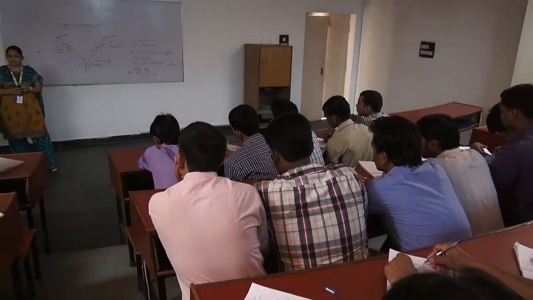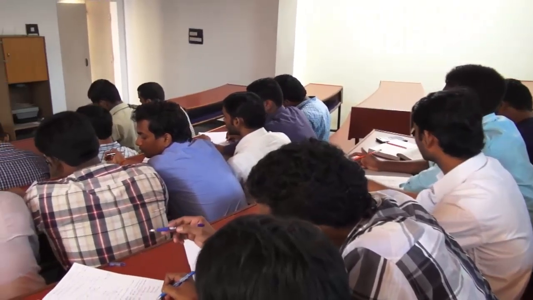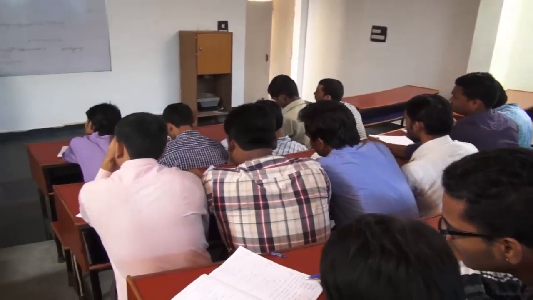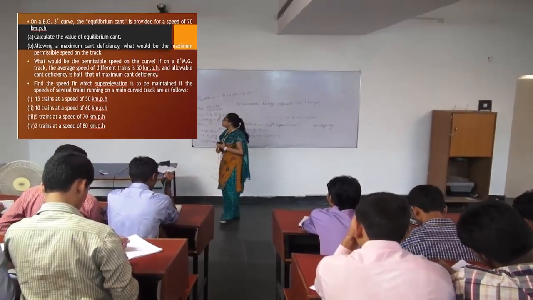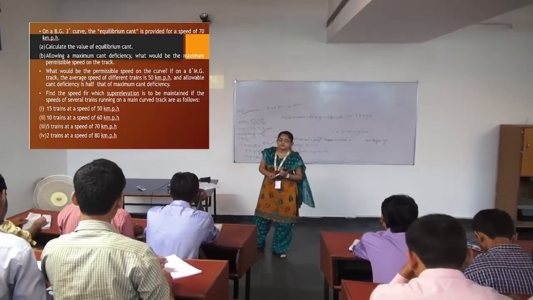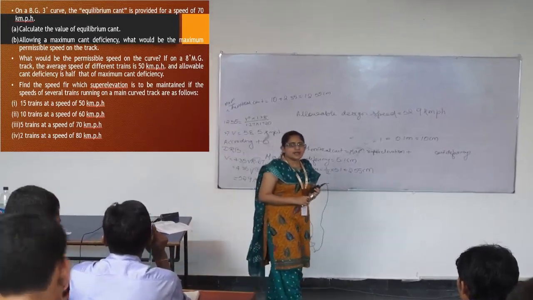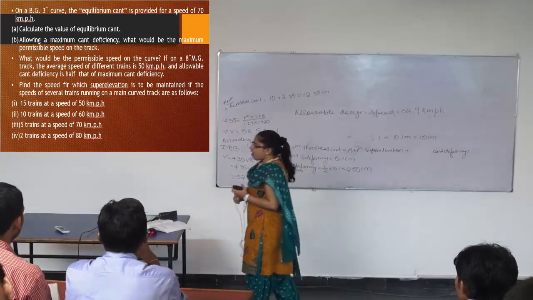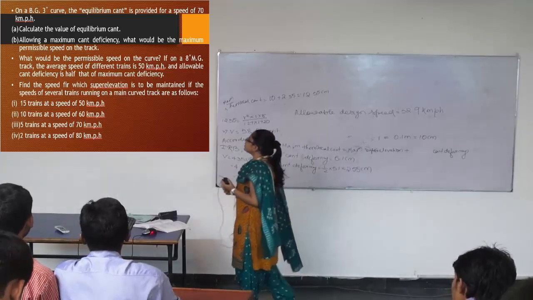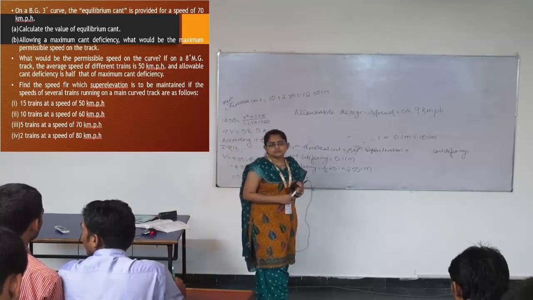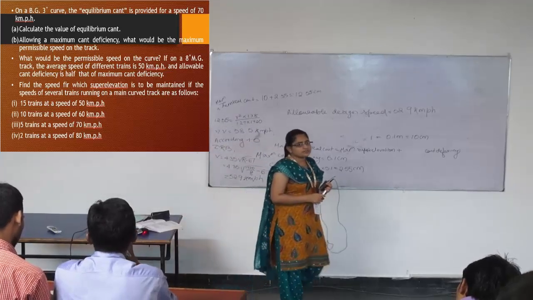On a 2 degree curve on a broad gauge, if 15 trains, 10 trains, 5 trains and 2 trains are running at speeds of 50 km/h, 60 km/h, 70 km/h and 80 km/h respectively.